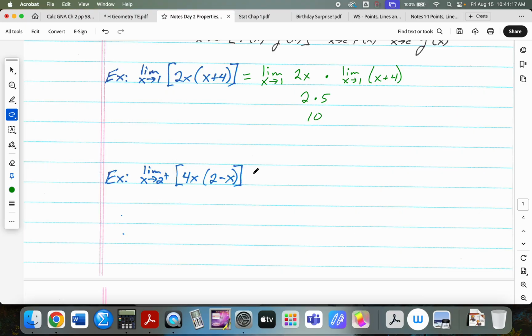So for most cases, we'll simply do something like this. As x goes to 2 from the right, well, what does 4x approach? 8. And what does 2 minus x approach? 0, and 8 times 0 is 0.